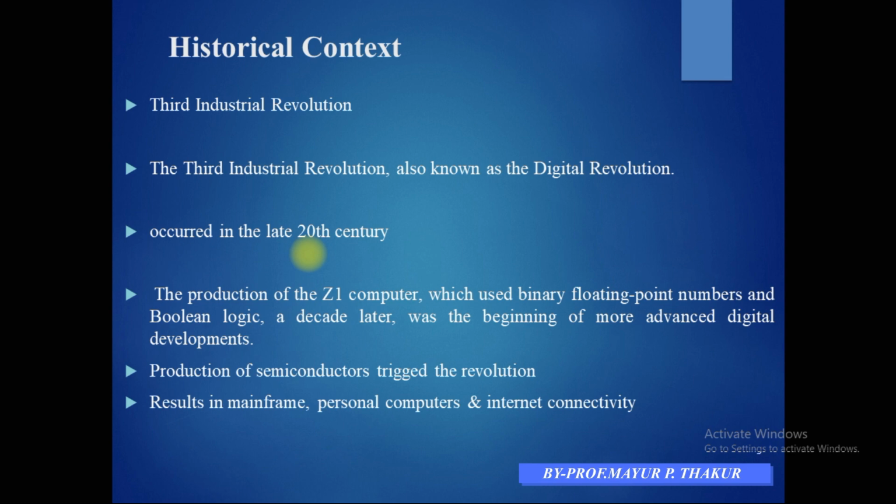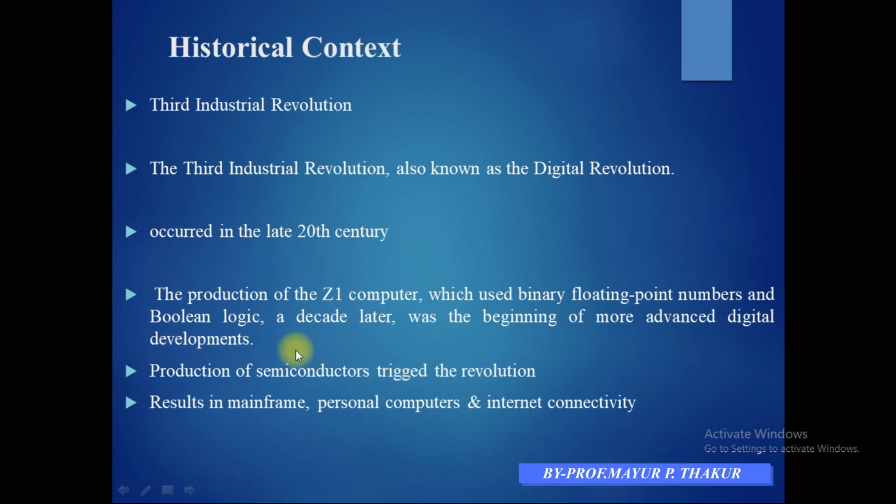There was an increase in the use of digital technology in industry, which again increased the production of goods and commodities. The production was due to the increase in semiconductors and semiconducting devices, which was almost parallel with the growth of computers. So the production of semiconductors and semiconducting devices triggered this revolution.